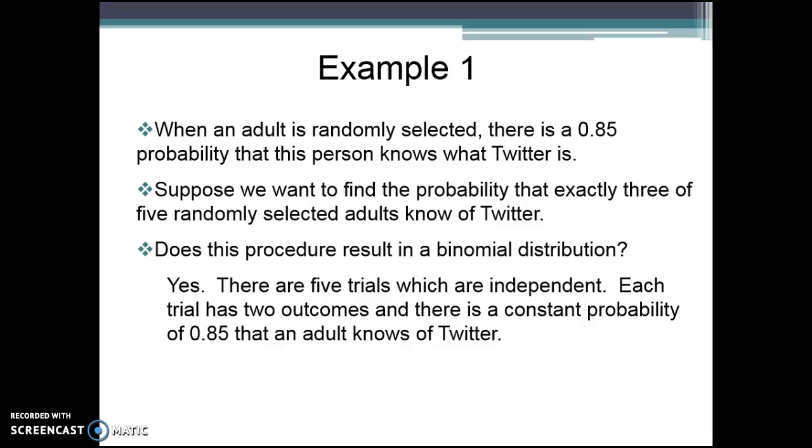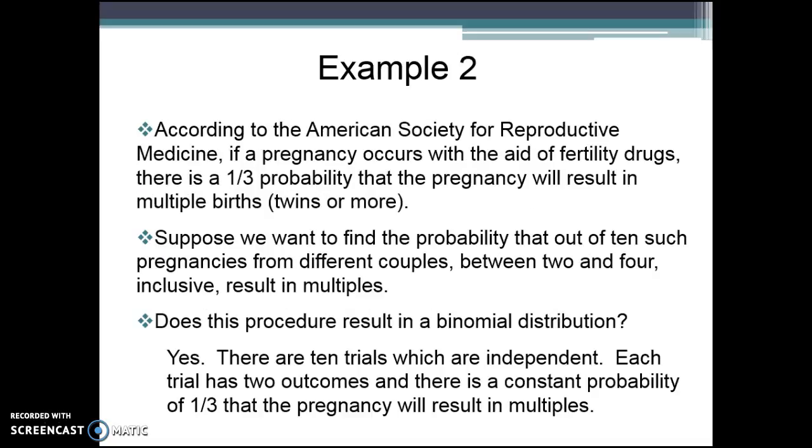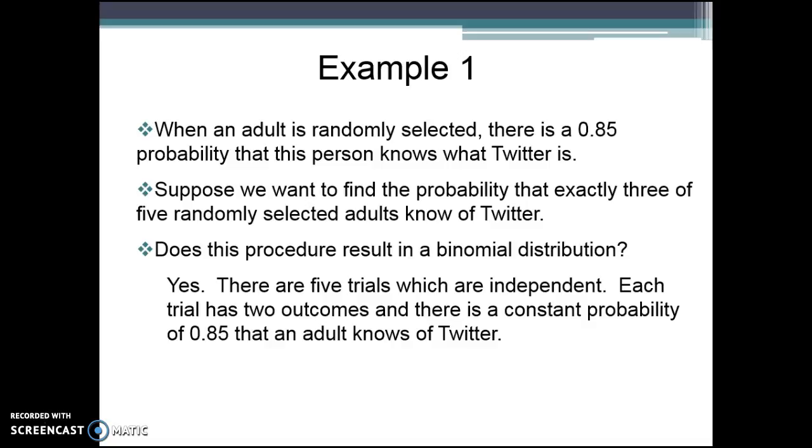And then there's a constant probability of 85% across all trials. So therefore, that's a binomial random variable. The other thing, just to help make it clear, what we're looking for here is the probability of how many of the trials are a success. Okay, so in this case, we want the probability that x equals 3.